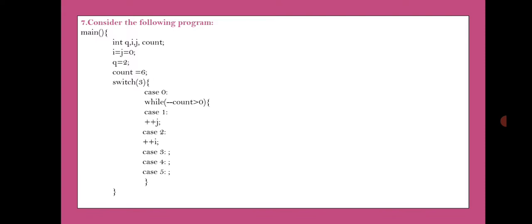And after this, let's printf percentage t comma i and printf percentage t comma j. Carefully go through this program. Tell me the output of this program if we are trying to print i and j.